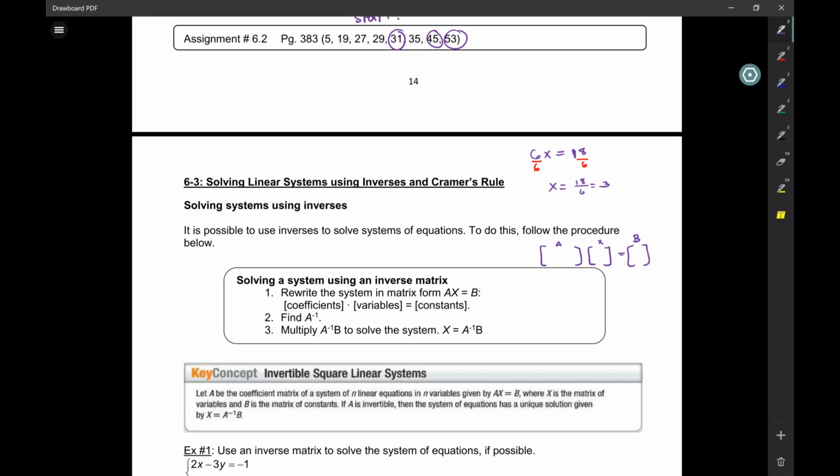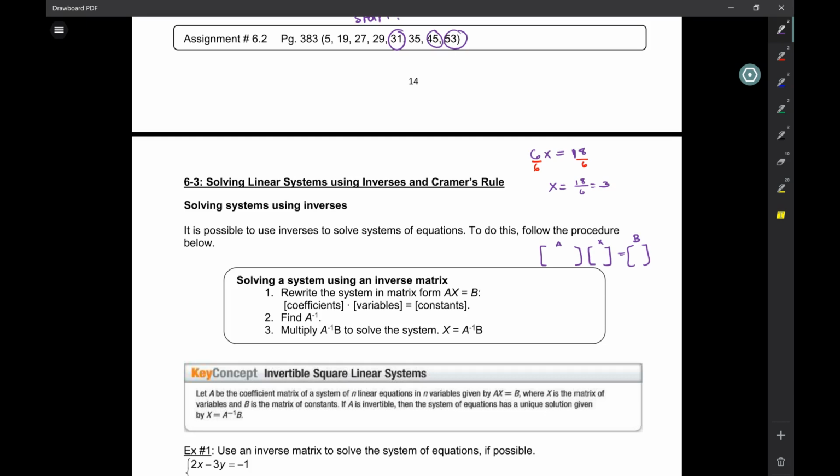A number times an unknown number equals a number. Here I have a matrix times an unknown matrix equals another matrix. Okay? So, theoretically, wouldn't it be cool if I could just divide by matrix A? But we just said we can't divide by matrix A.